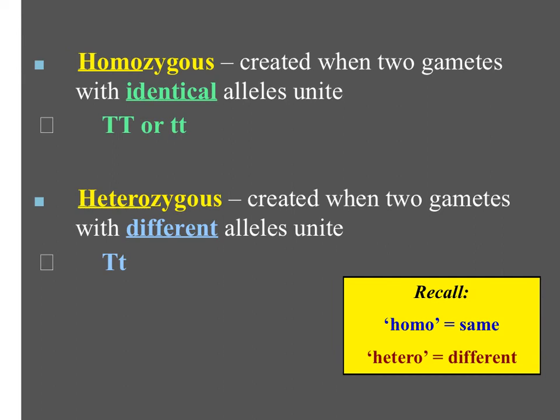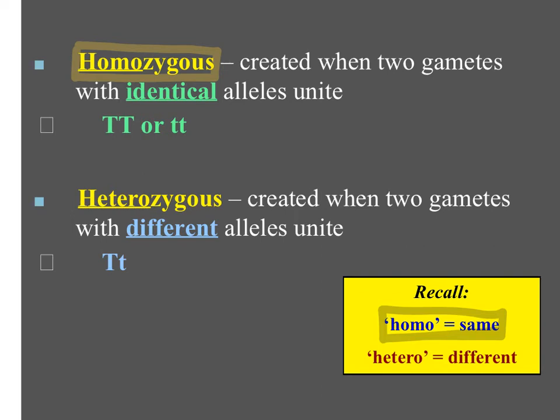Okay, here are the next set of terms that are really important to know. The first is homozygous. Now recall that homo means same, which means they're going to have two identical alleles.